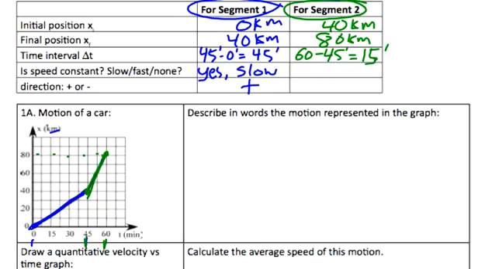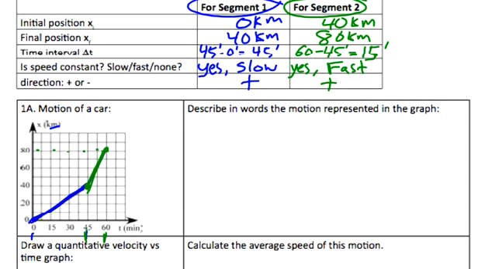It's just one slope, so yes, it's constant speed, and it's fast compared to the other one. And it's still in the positive direction because the slope is positive.